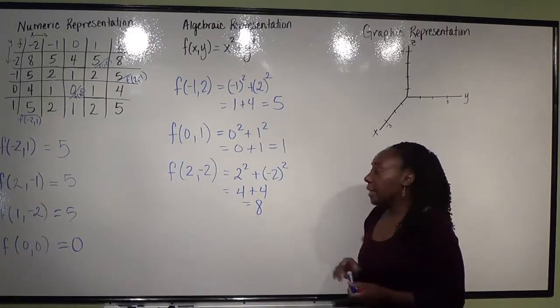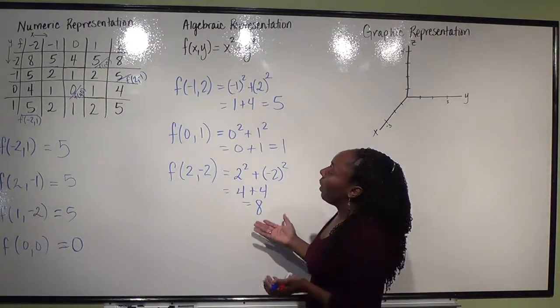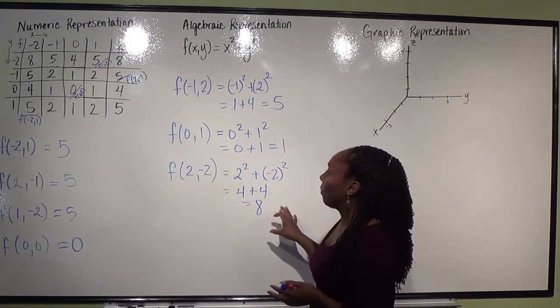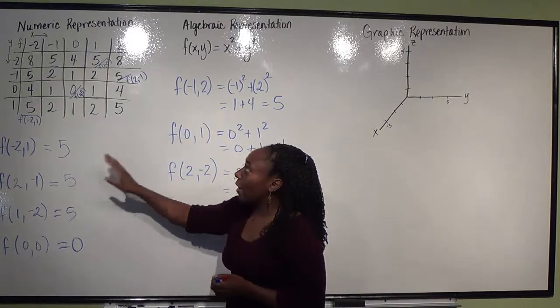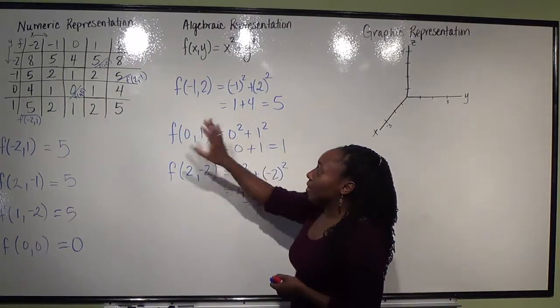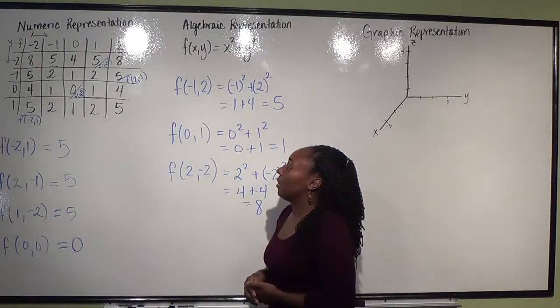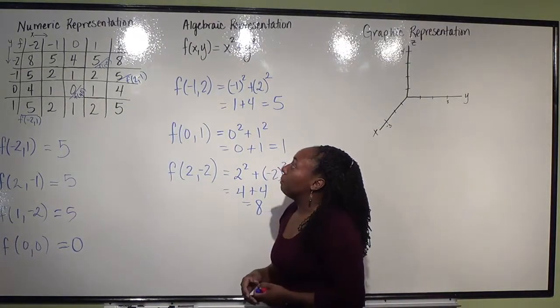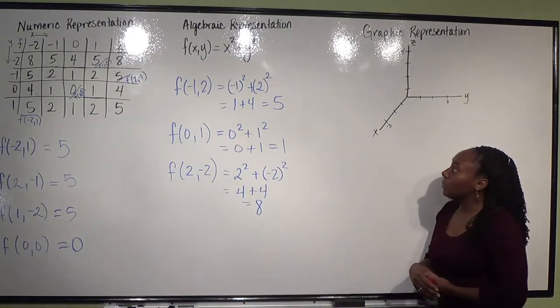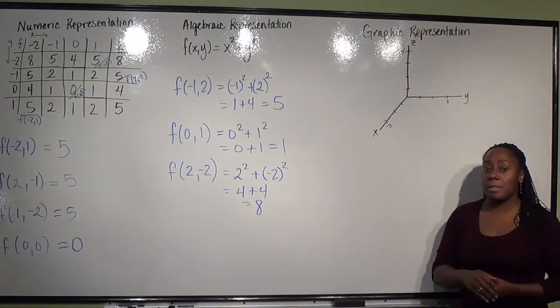Okay? And here, it may not be obvious, but going back and forth between the numeric and the algebraic, I can actually see that I'm looking at the same function, just different representations.